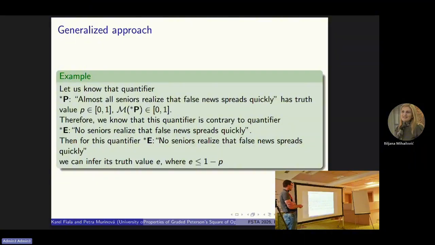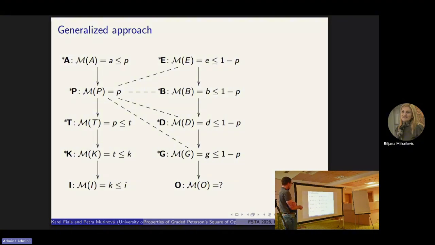Similarly, we can relate P to the other quantifiers, so we can do this for all the possibilities. We know that P is contrary to E, B, D, G, so the truth value will be less than or equal to 1 minus p for them, because it's contrary.